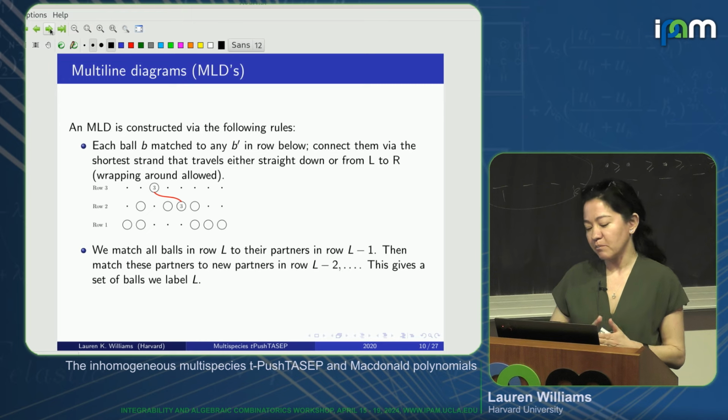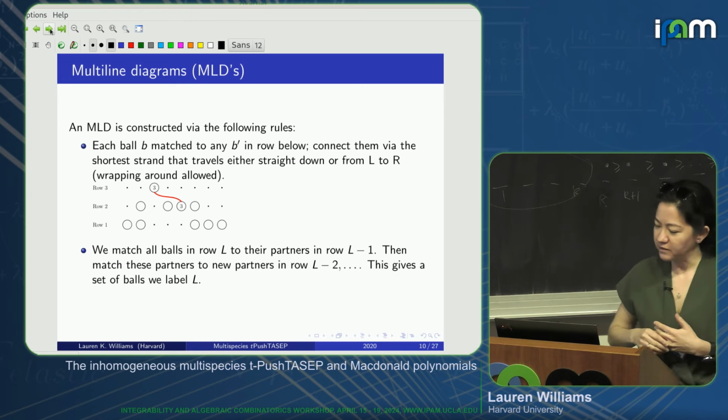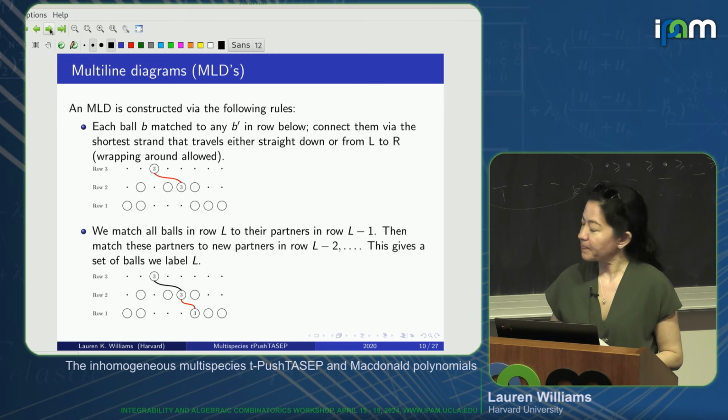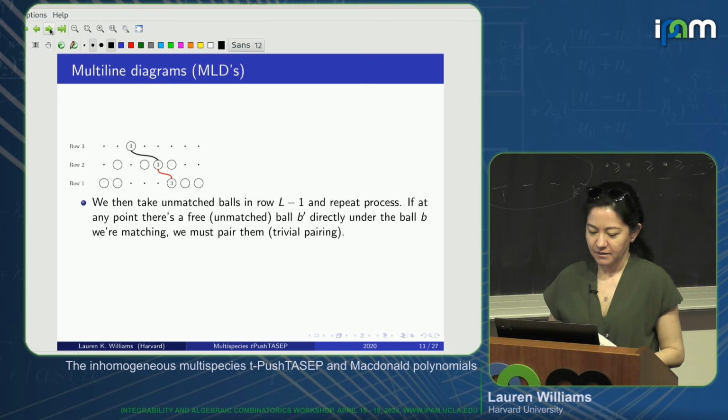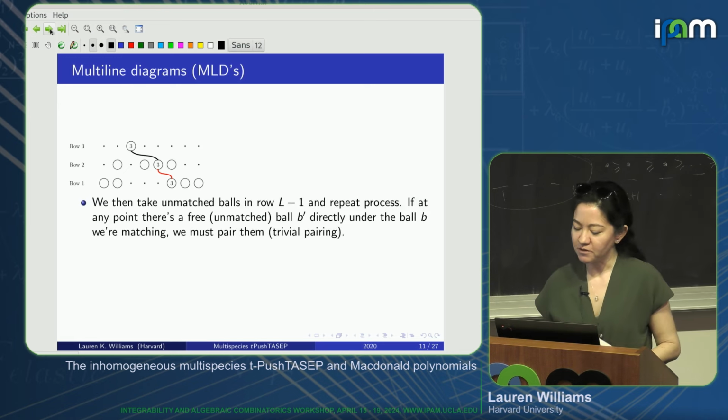So we match all of our balls in the top row to some partners in row L minus 1. And then we match these partners to new partners in row L minus 2, and so on. And all of these balls that get matched in this process get labeled by L. Okay, and then we take any unmatched balls in row L minus 1 and we repeat the process.